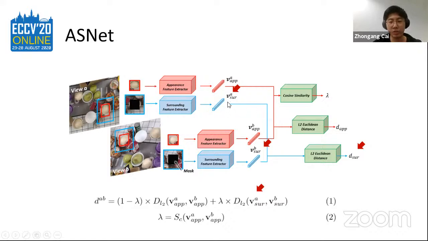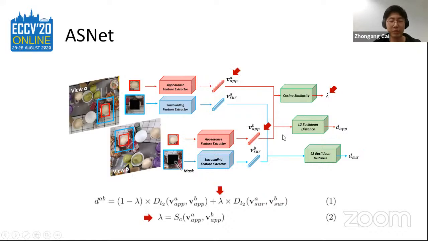We're also going to have two sets of extracted feature vectors. And we compute the L2 Euclidean distance of the appearance features as well as the surrounding features. So I have two sets of distance, one coming from the appearance of the object itself, and one coming from the surrounding area.